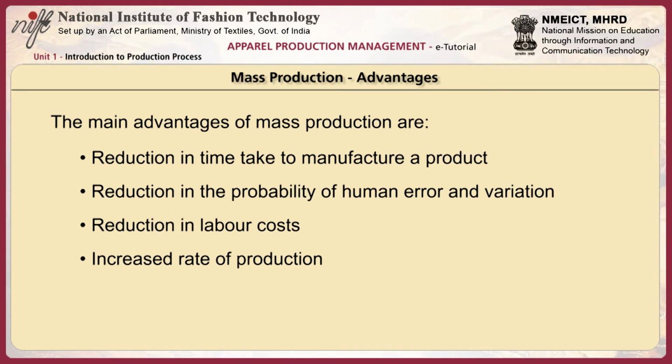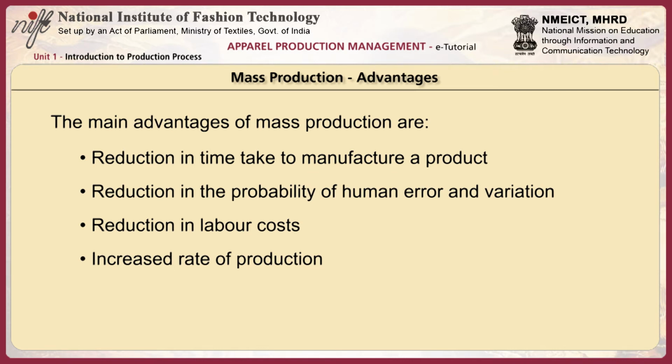Let us look at the advantages of mass production. The time taken to manufacture a product using mass production is shorter than when using traditional methods.